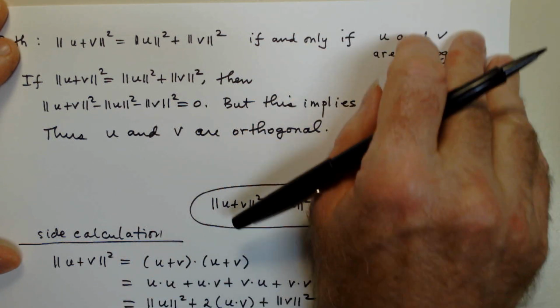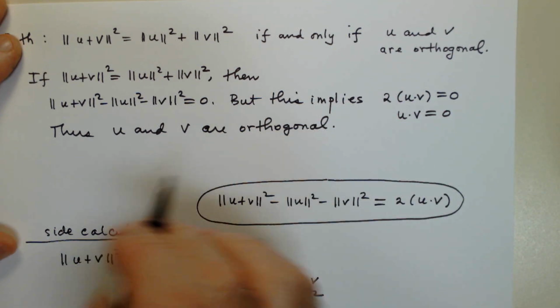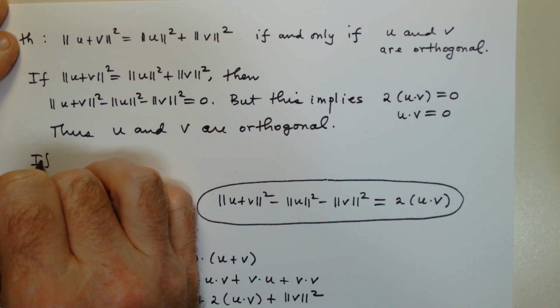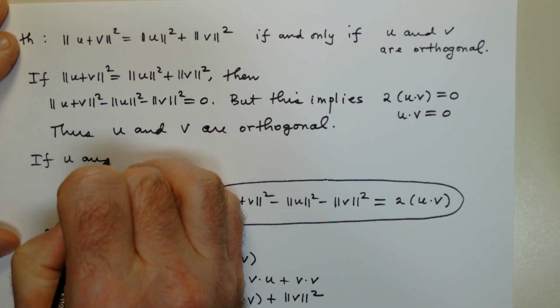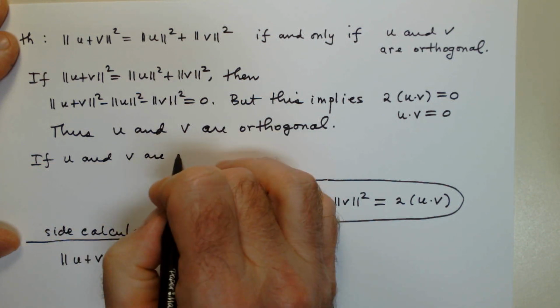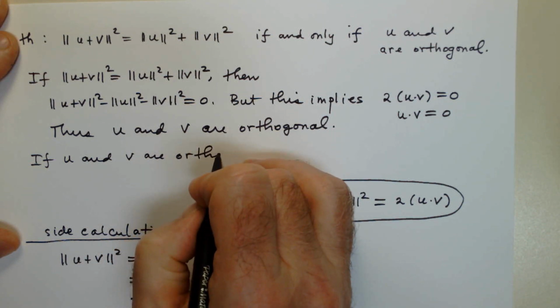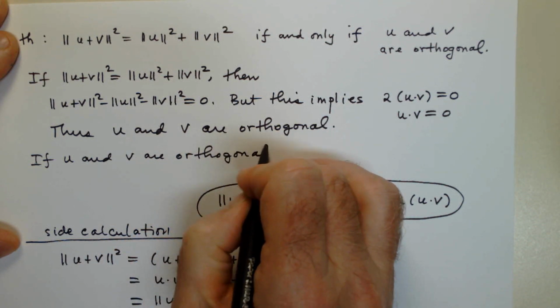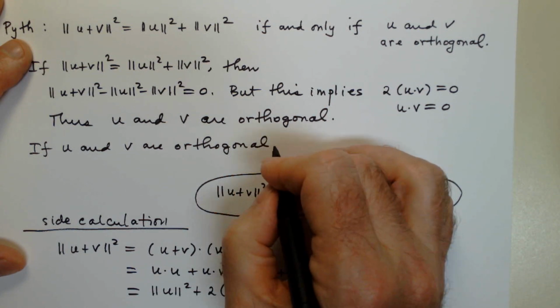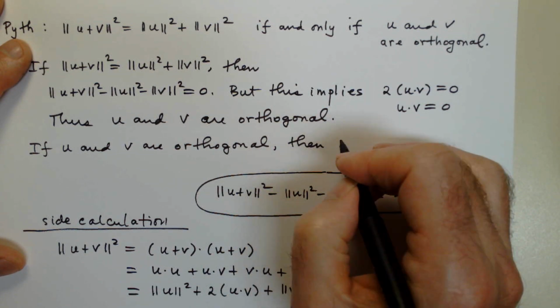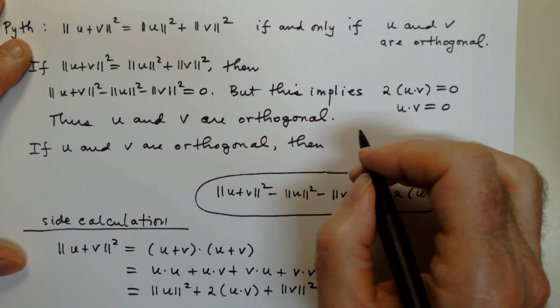Now let's assume that these vectors are orthogonal. So if u and v are orthogonal, then that means that their dot product is equal to 0.